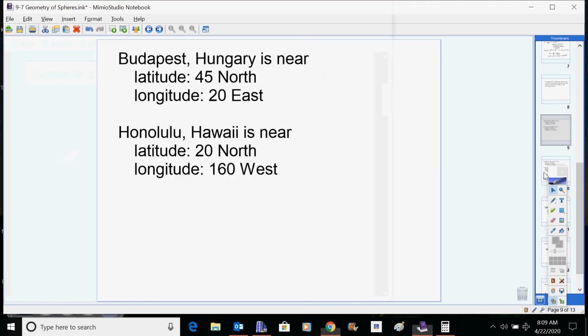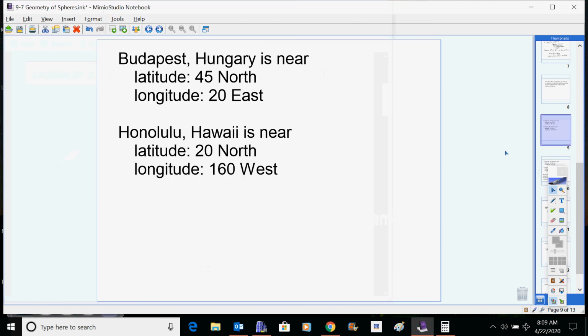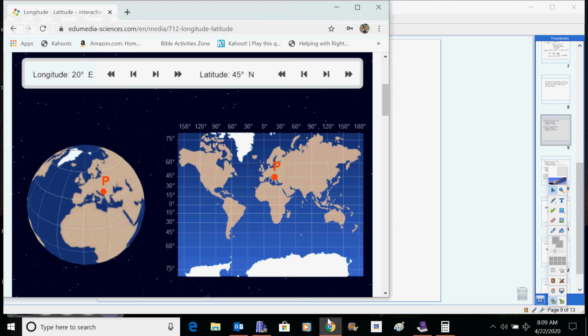The other one is 160 west. When we think about where 160 west is, 160 west would be way over here.